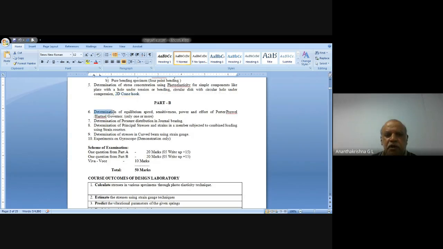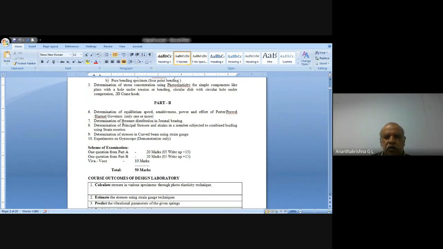In part B, various parameters of a Porter governor are determined in this experiment. Then in the journal bearing experiment, we find out pressure distribution, the coefficient of friction and power loss due to friction, all these parameters.